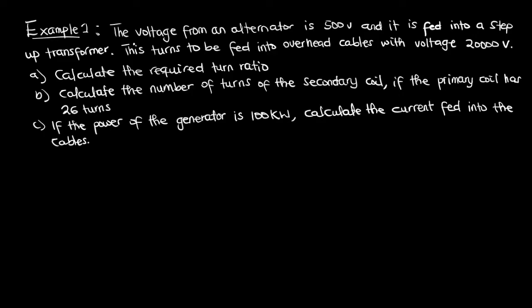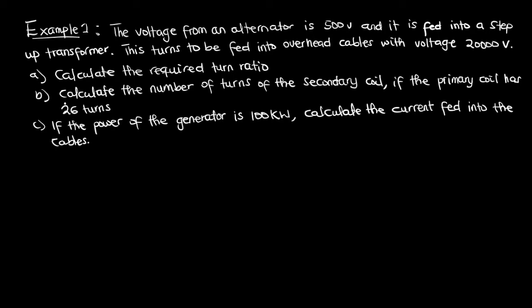So we have an example here. Let's look at it. The voltage from an alternator is 500 volts and it is fed into a step-up transformer. This is fed into overhead cables with a voltage of 20,000 volts. A, we are to calculate the required turn ratio.